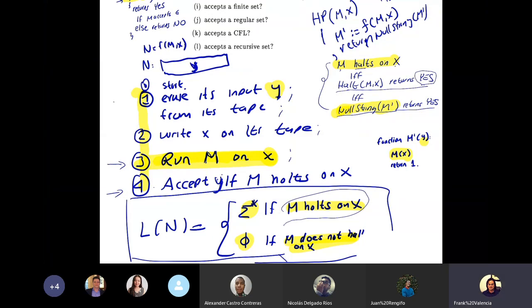For every Y that you get, M and X are fixed. It's exactly the same, no matter what the Y is.